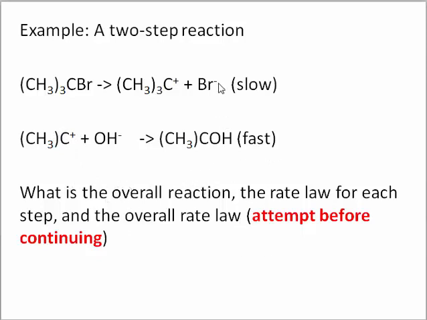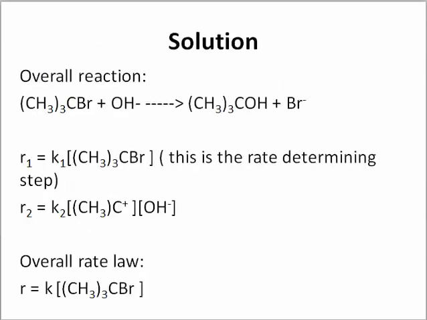You should be able to write down at this point, now that we have these two steps, the overall reaction, the rate law for each step, and the overall rate law. You should attempt that before going on. Right, the overall reaction is the sum of the two reactions, and we see this molecule react with hydroxide to make this molecule and a bromide.